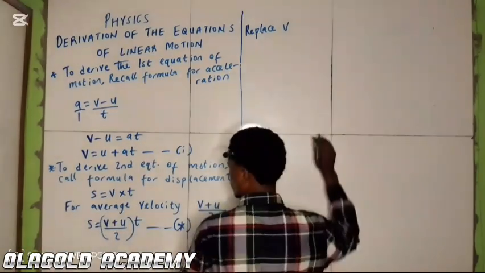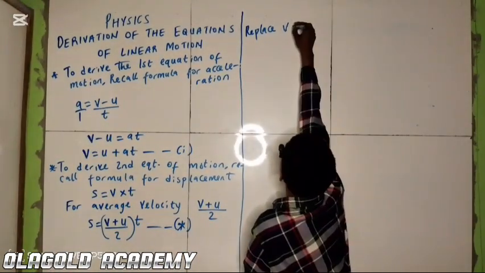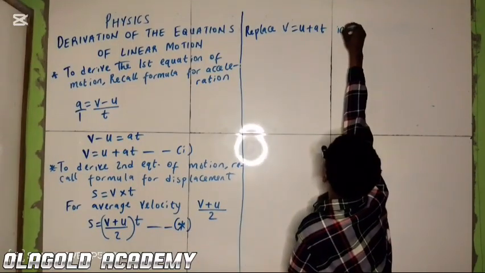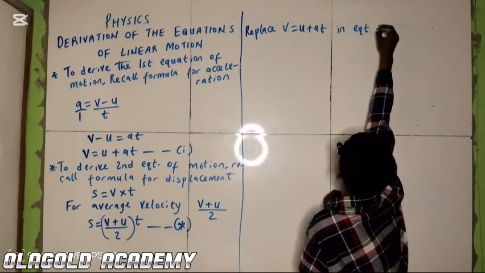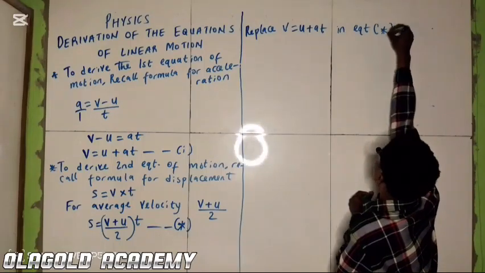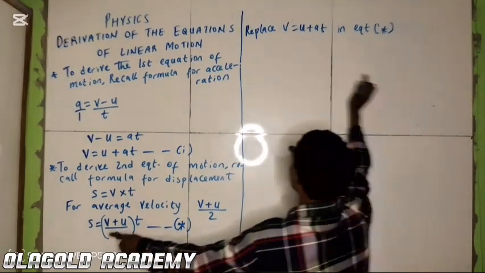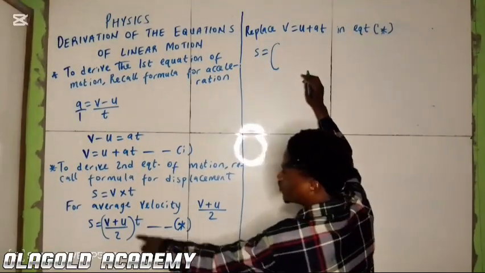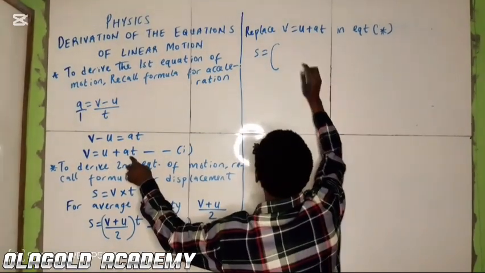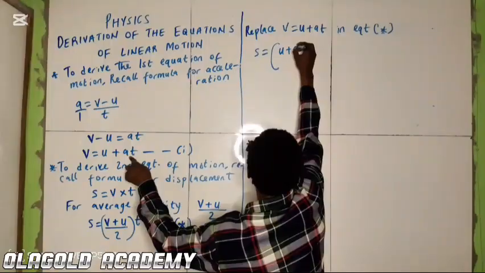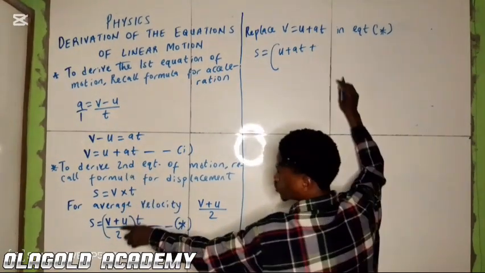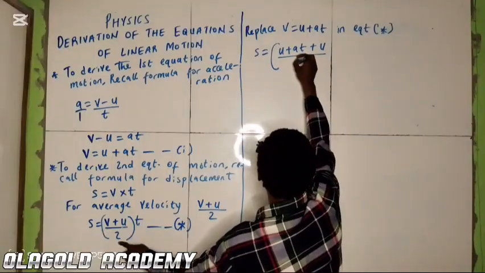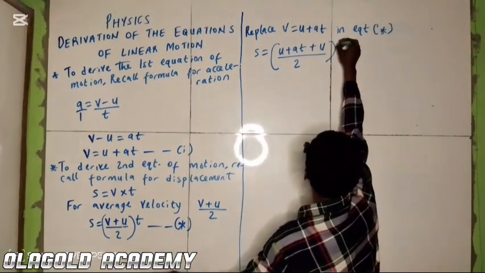You can say replace V equals U plus AT in equation asterisk. So we're going to have S equals, our V is now what? U plus AT. So we're going to have U plus AT plus U over 2 multiplied by T.